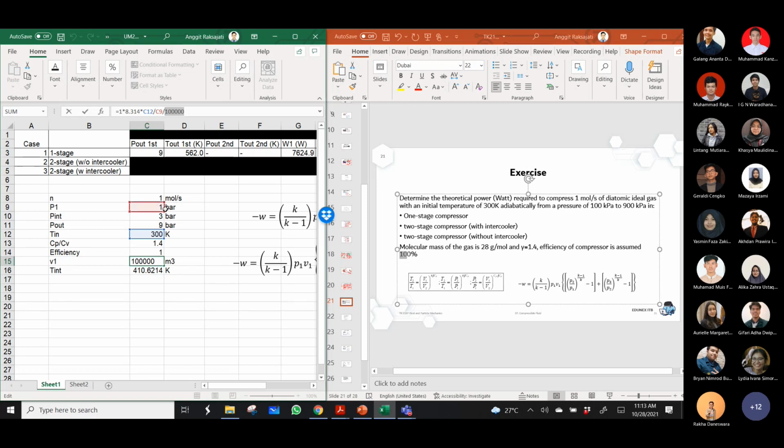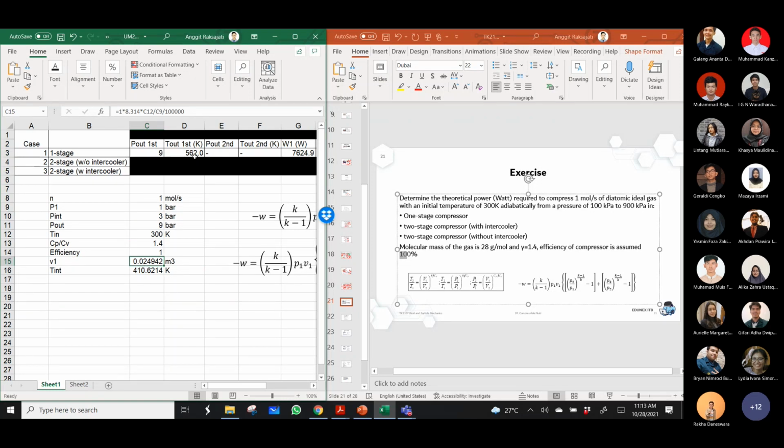To be consistent with SI, it has to be converted into Pascal, which is 100,000. So that's the cubic meter, volume 1.